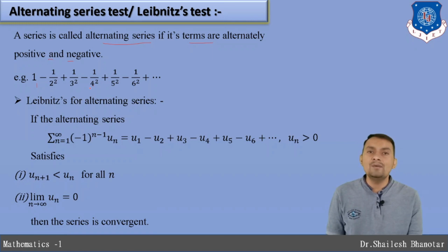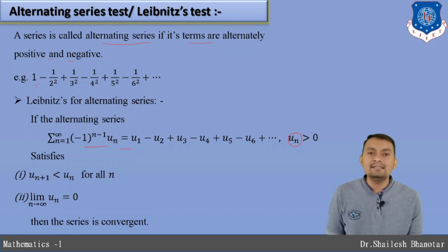Whenever we have an alternating series, how can we check whether the series is convergent or divergent? For that we have the Leibniz test, or you can say the alternating series test. This test was given by the mathematician Leibniz, and therefore it is known as the Leibniz alternating series test. This is our alternating series that you can represent when n varies from 1 to infinity, and we keep in mind that u_n is greater than 0.